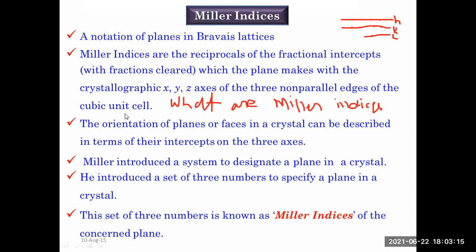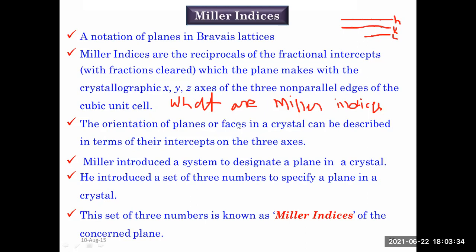Unit cell, you already have the information. A unit cell is the smallest geometrical figure which can be drawn in 3 dimensions. The orientation of the planes or faces in a crystal can be described in terms of the intercepts on these 3 axes.